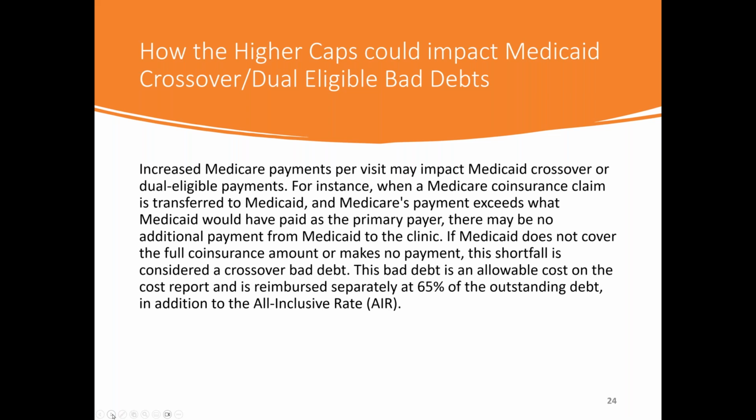That's not an adjustment where you just write it off. What you want to do is put that on your Medicare bad debt listing and put it on the cost report. That is a crossover bad debt, and Medicare will reimburse you 65% of that.